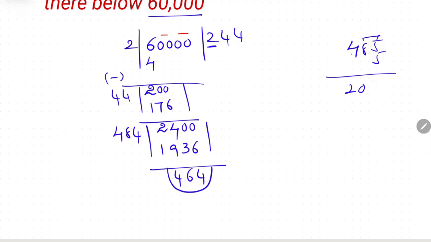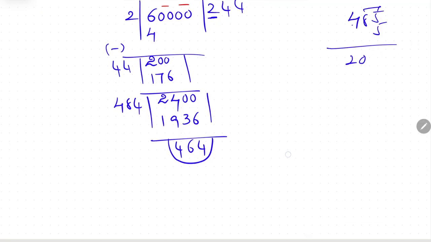Now 60,000 is not a perfect square, but if we eliminate the remainder 464 from 60,000, whatever number we get is a perfect square. So we are eliminating 464.